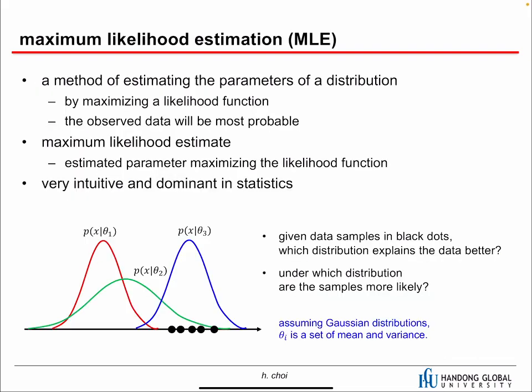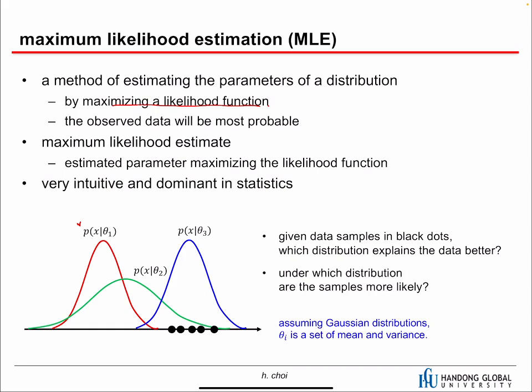Now let's talk about maximum likelihood estimation. So MLE is actually a parameter estimation for density estimation. We define a function as a distribution, and then we want to estimate the parameters of the distribution by maximizing a likelihood function. So the likelihood function is actually a probability distribution like this one, P of x given theta 1. Theta 1 is a parameter.